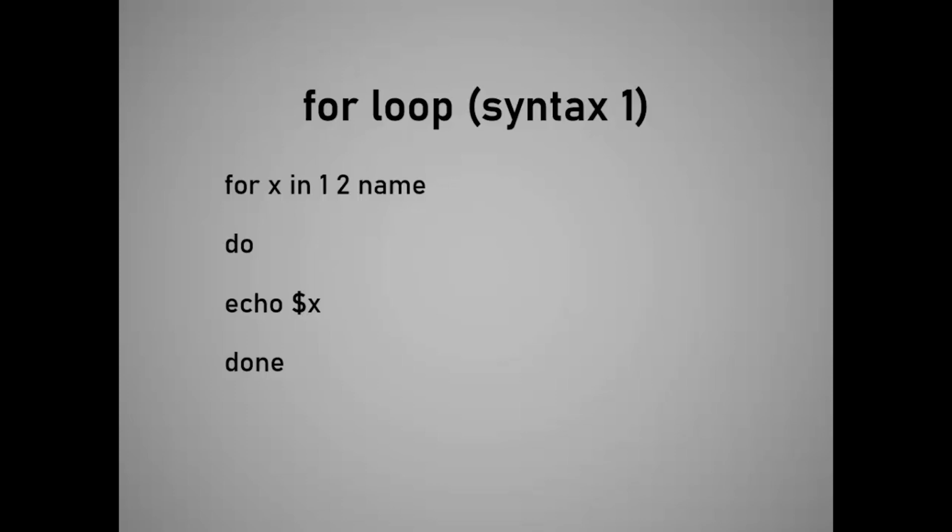So this loop will run 3 times. Why? Because there are 3 different values, 1, 2 and name. Each time, whatever we have written between the do and done statements will happen. So each time, whatever is the value of x will be printed using the echo statement.